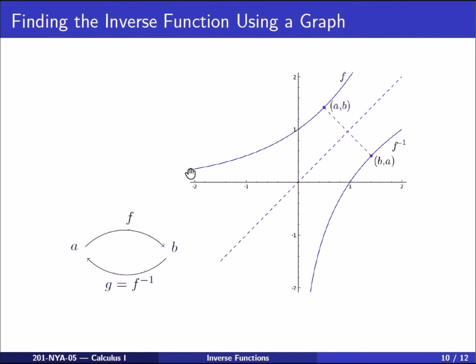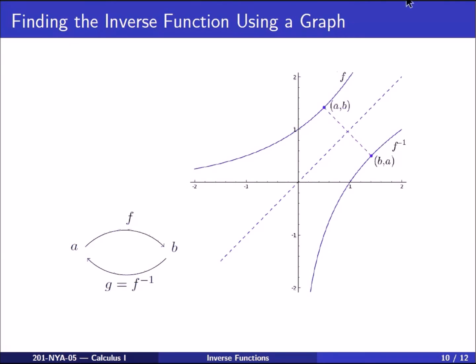So if I have the graph of f and a point (a, b) on that graph, well, (b, a) will be a point on the graph of g, or on the graph of the inverse. Once again, because b gets sent onto a through g. Now, if I take a point (a, b) and I switch the x and the y coordinates, it has the effect of taking that point and reflecting it across the line y equals x.